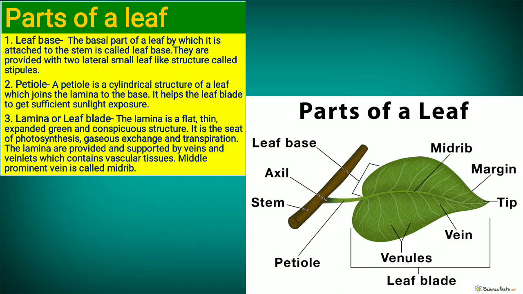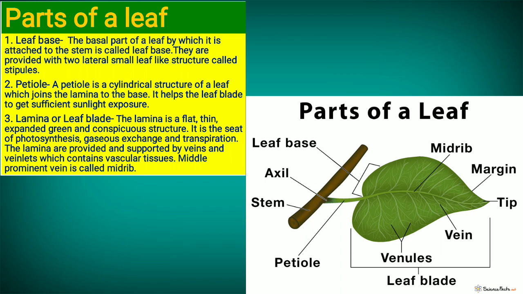And right at the axil point, there is a special position over the stem which we call a node, and in that region, the point of attachment of the leafy structure with the stem is called the leaf base, which is supported by some tissues. Sometimes, in some plants, it also bears two lateral small leaf-like structures called the stipules.